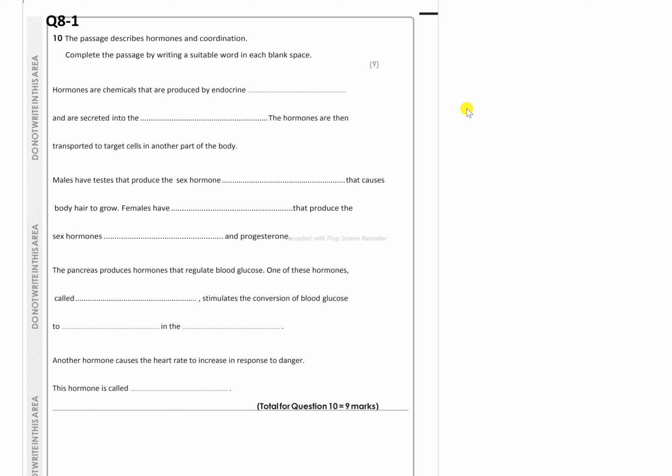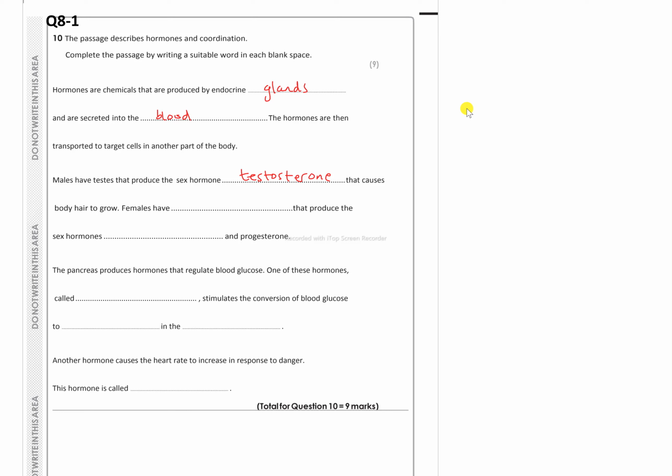Right, hormones are chemicals that are produced by the endocrine glands and are secreted into the blood. The hormones are then transported to target cells in another part of the body. Males have testes that produce a sex hormone, testosterone, that causes body hair to grow.